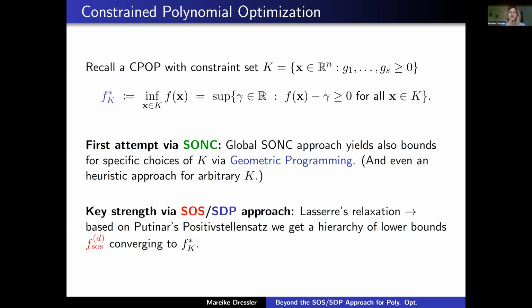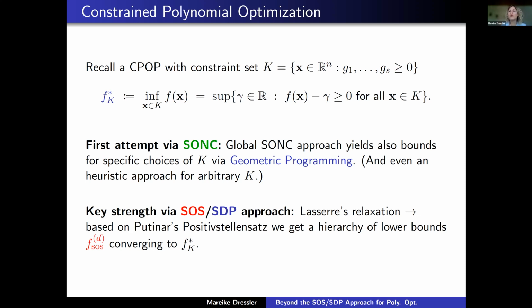So by that I mean we have a parameter f SOS d depending on the degree, and if I turn up the degree, then somehow this lower bound steadily converges towards my optimal value. So to say, I can approximate the optimal value as close as I wish.